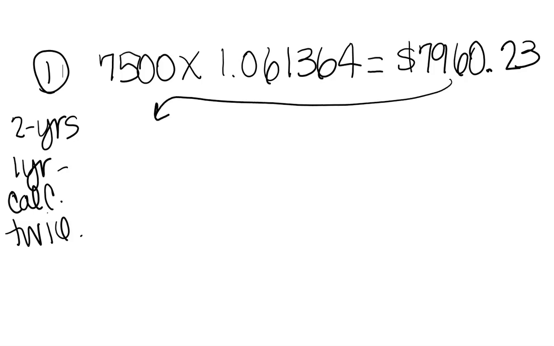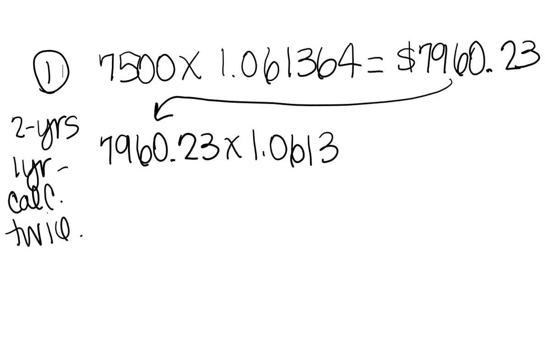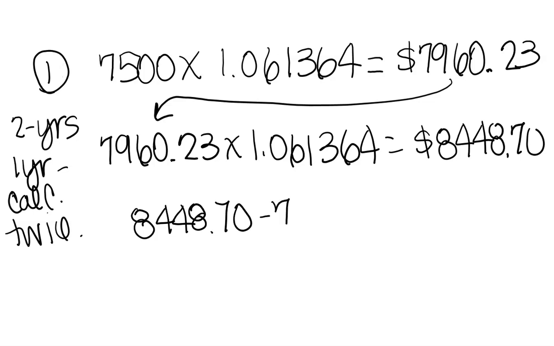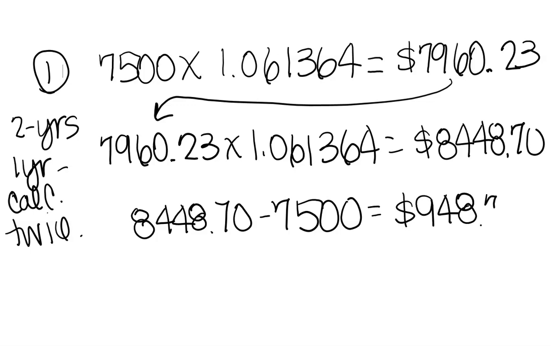And what we're going to do is we're going to do that one more time with that new amount. 7,960.23 times that same table value that we just used. $8,448.70. And then we'll subtract out the initial investment. And you have a total of $948.70.